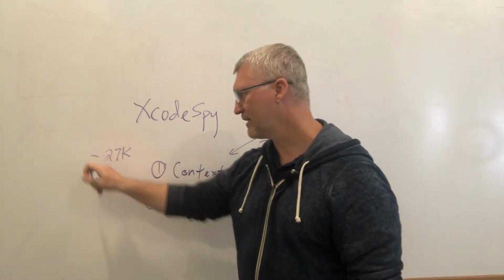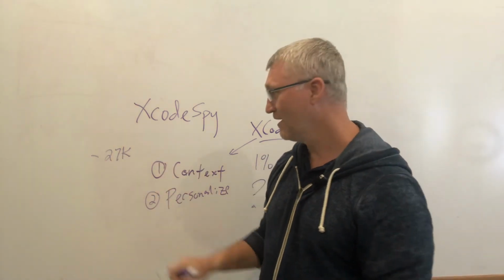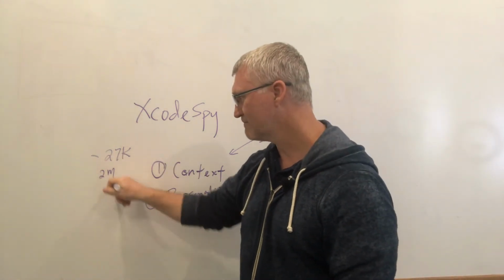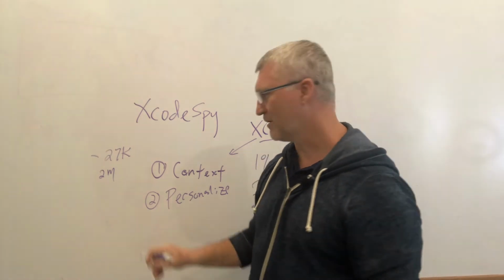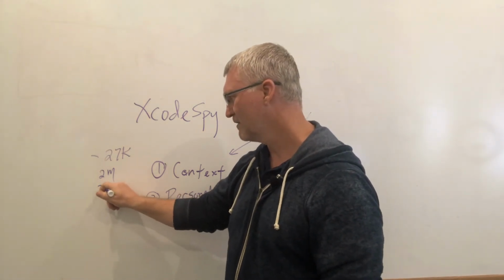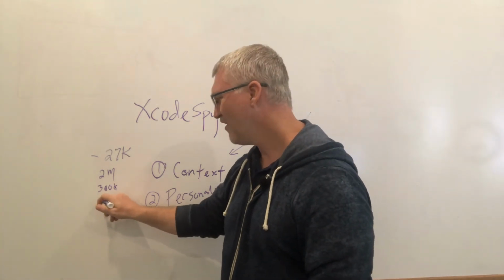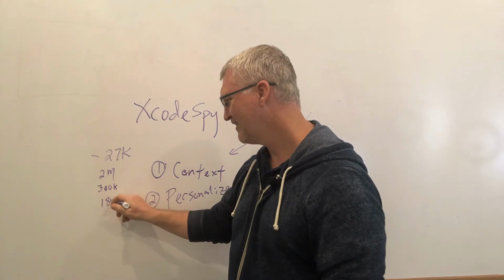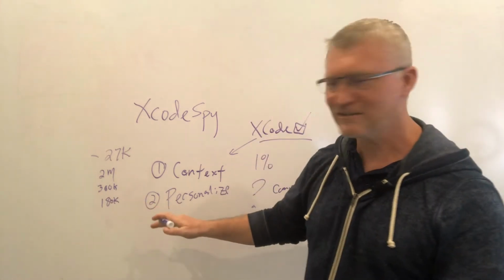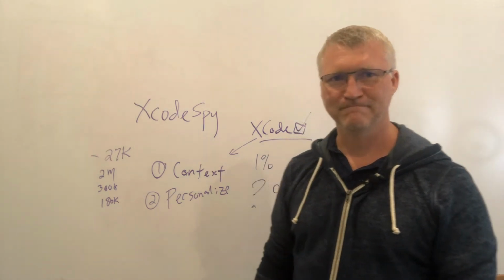As you can imagine, they both plus and subtract. So that's 27,000. Let's put that in context. I looked for Python projects on GitHub. I got 2 million. I looked for Ruby projects. I got 300,000. I looked for Lua projects. I got 180K. By no means are Xcode projects common.